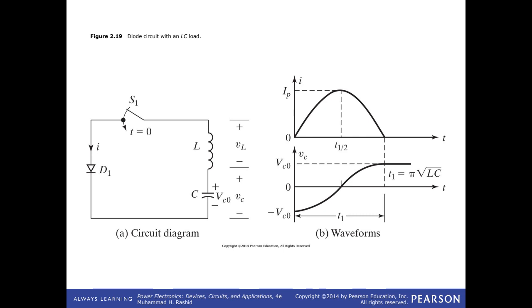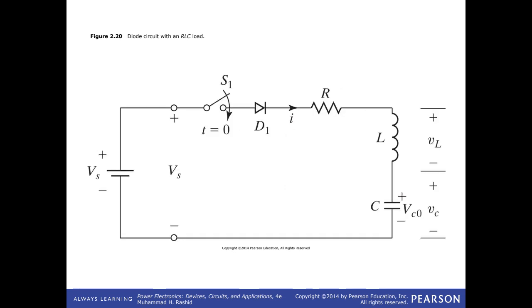It depends which direction you are taking, but that is your reference. Don't forget that. And then the current is going to be again a sinusoidal, and the voltage is going to be changing from minus to plus or plus to minus. I omit that one, I have not derived the equations.